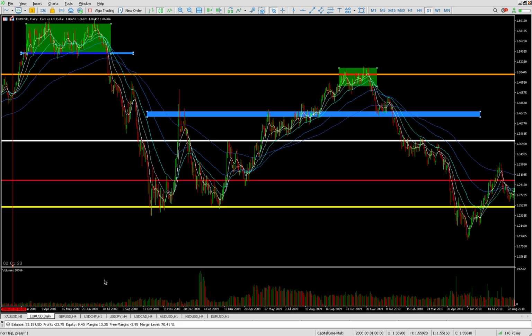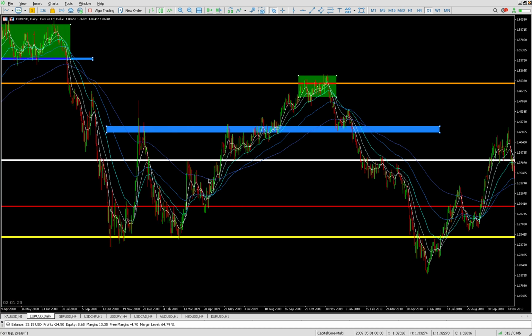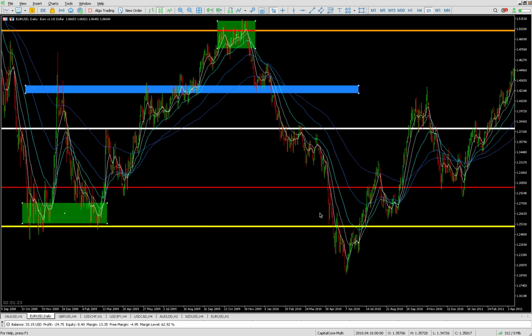I don't know if that's really going to be helpful, is it? Anyways, the point is, if you look at these spots, you look at the trading volume. It's significant when we break these.